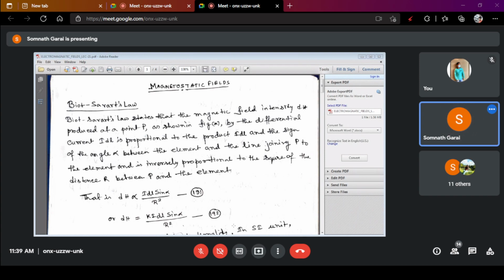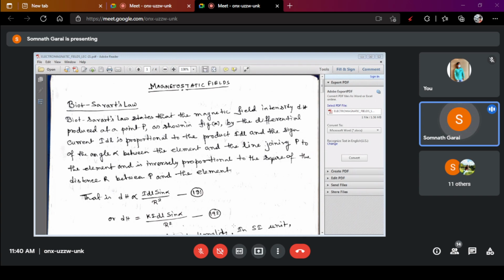So what is the statement of the Biot-Savart law? It states that the magnetic field intensity, denoted by H or dH, produced at a point in that field is produced by a differential current I dL.